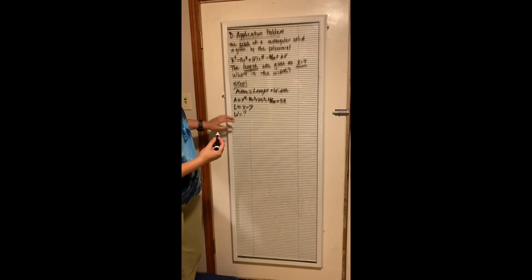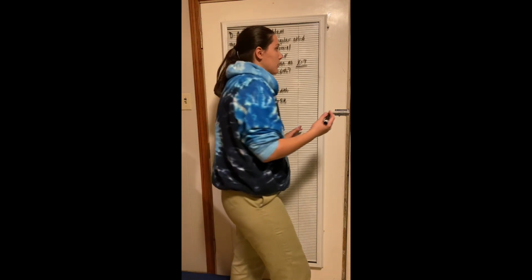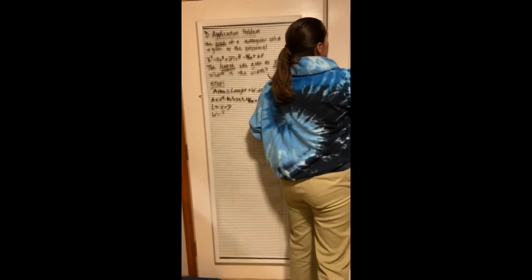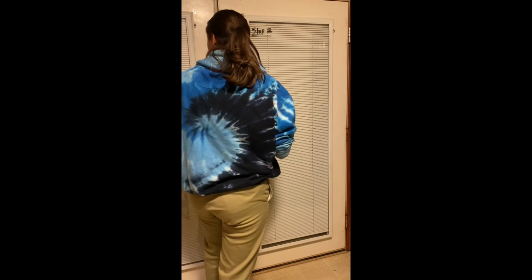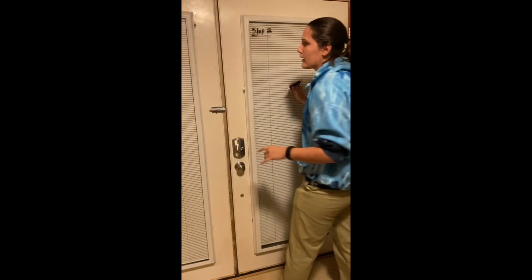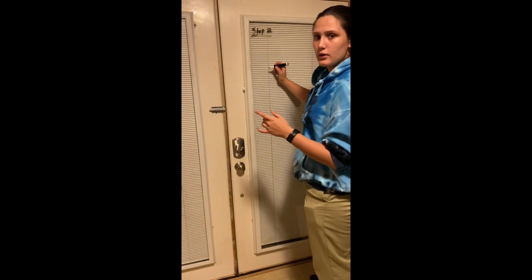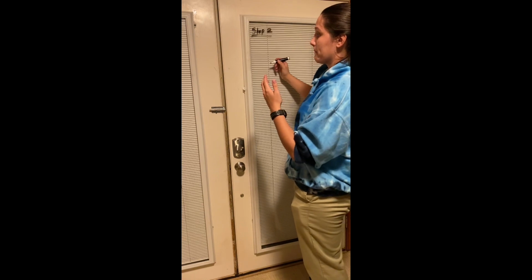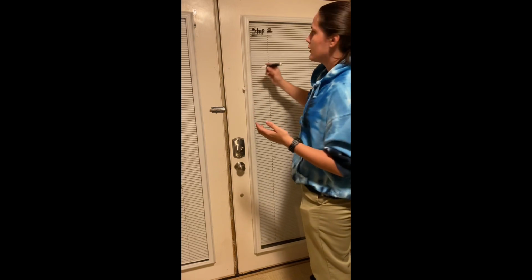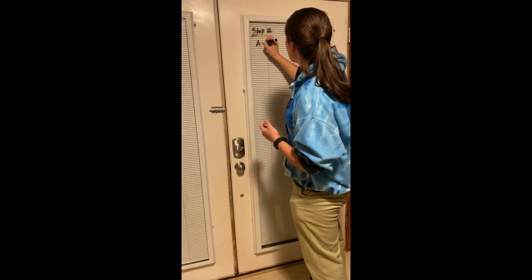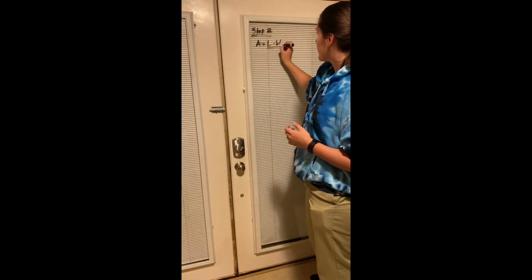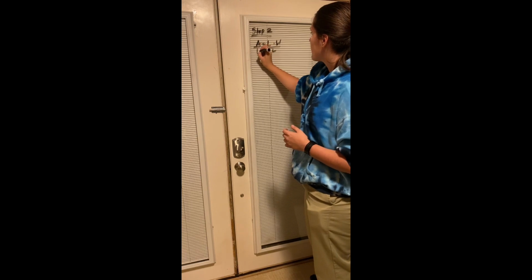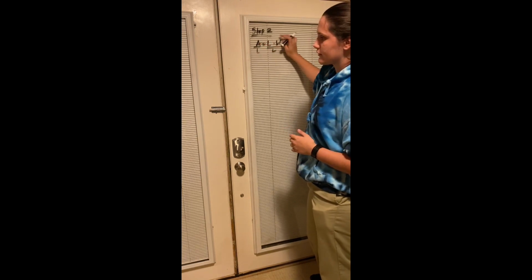So you take this information and you move it here to step 2, and you find that to find your unknown variable at area equals length times width, you have to divide each side by the known to isolate your variable.